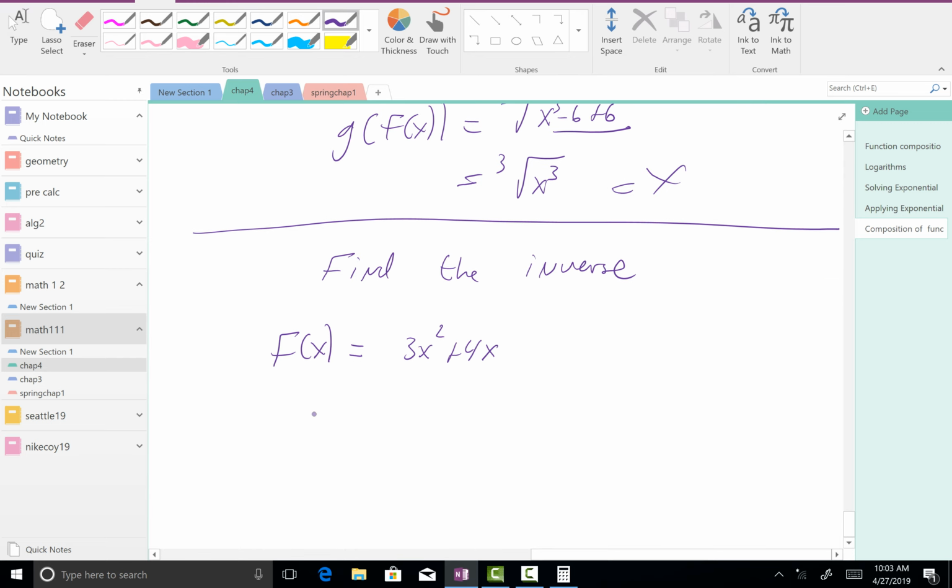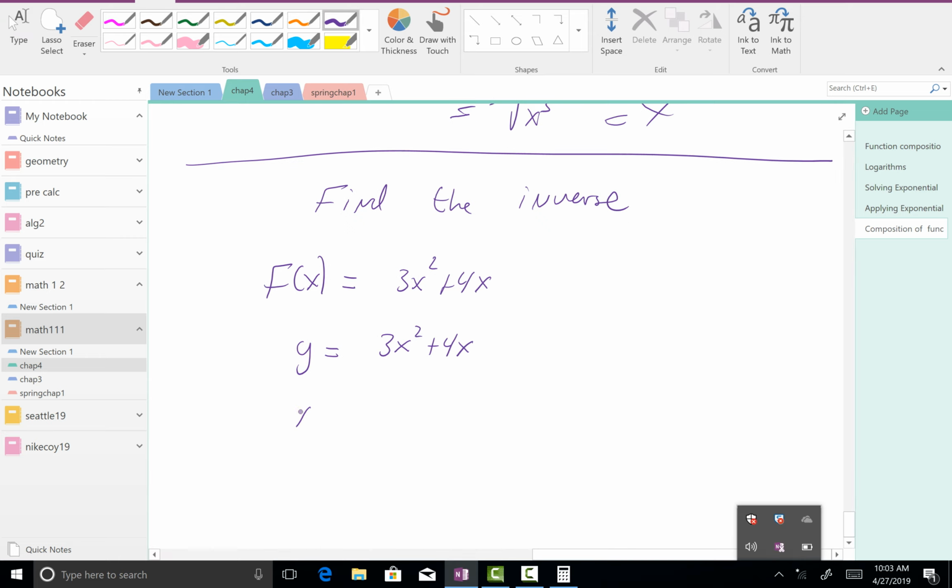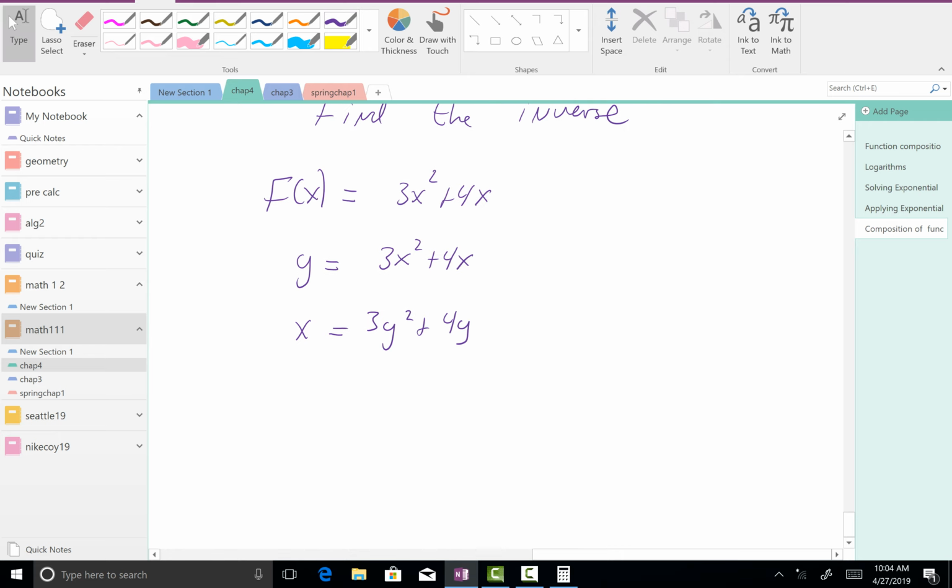We're going to set it equal to y. Switch the x's and y's. And it's really hard to solve for y on this. So one of the things that we could do is factor this out.